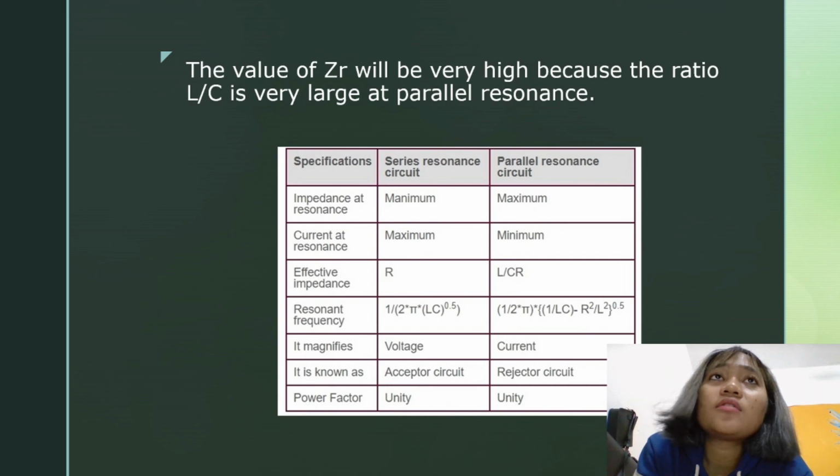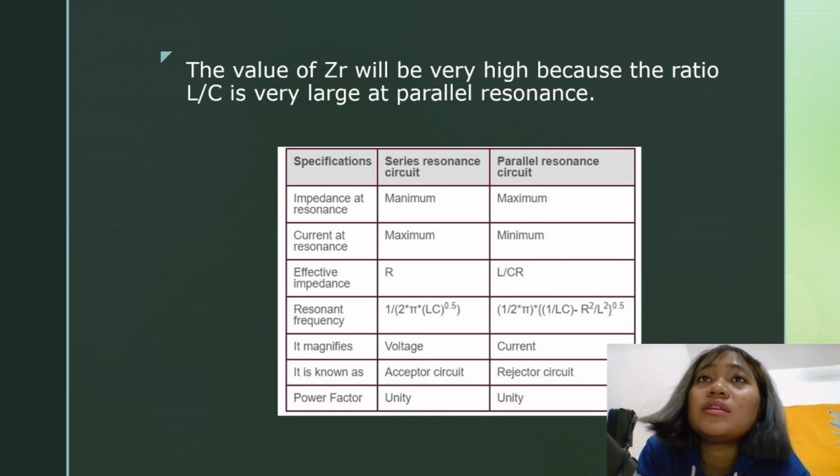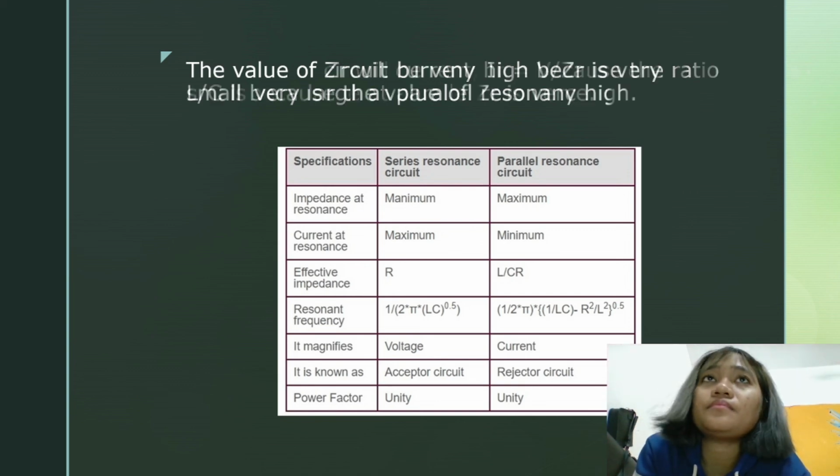The second conclusion is the value of impedance will be very high because the ratio L per C is very large at parallel resonance. As we can see in the table, in a parallel resonance circuit the impedance at resonance is at maximum.